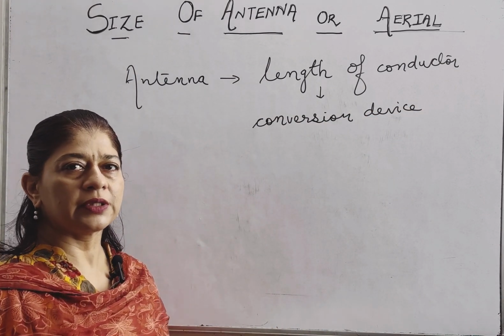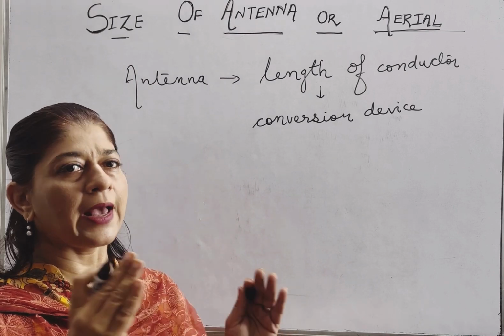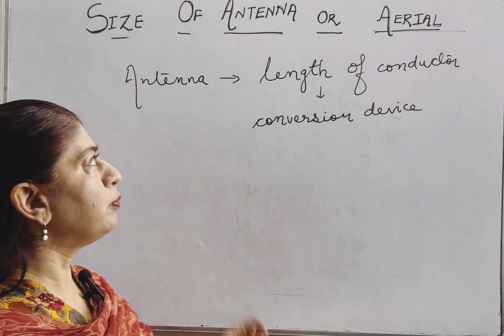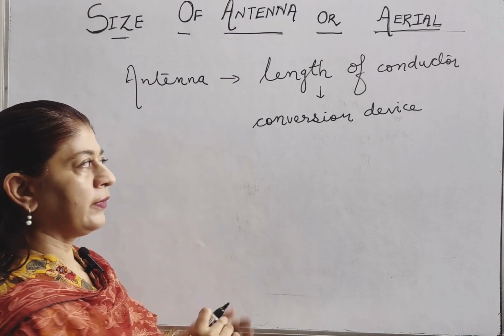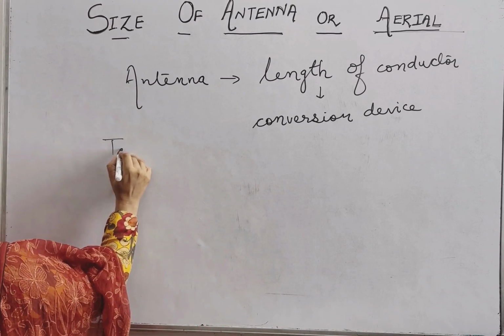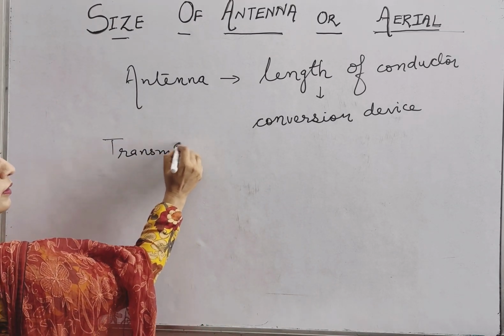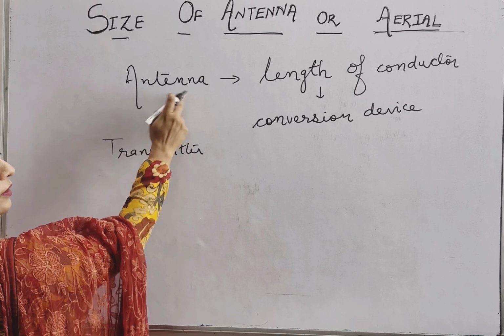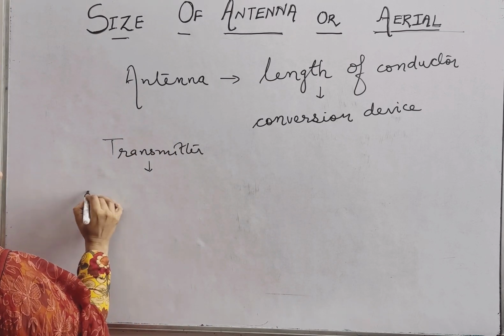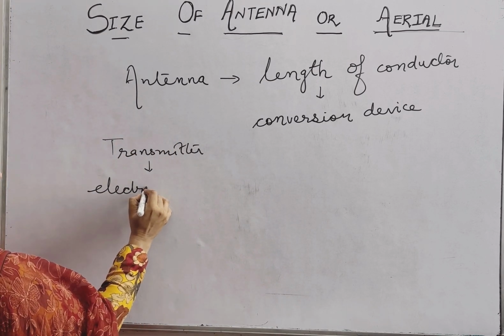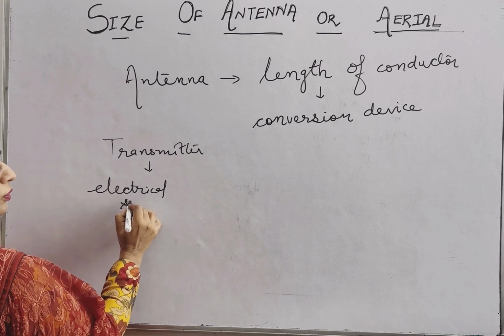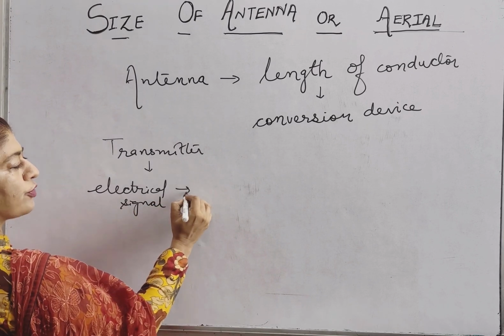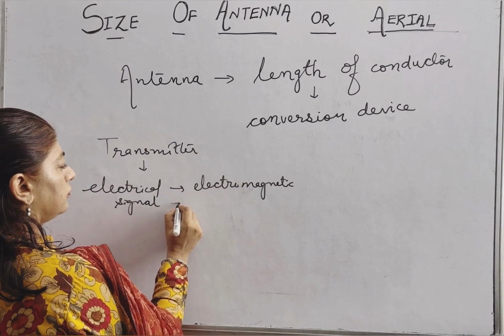All the communication at the transmitter as well as at the receiver employs this antenna. At the transmitter, the antenna converts the electrical signal into electromagnetic waves.